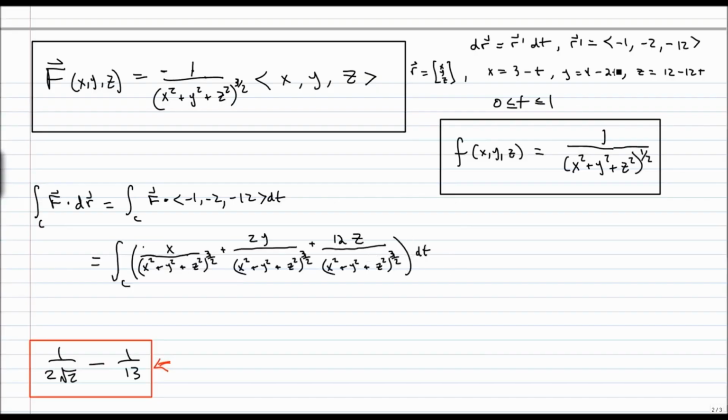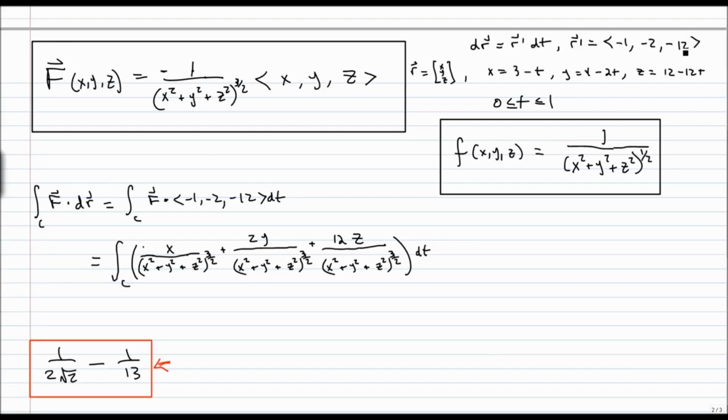Okay, so when I perform that dot product, I take the x component of this guy here, so it's negative x over this, and then I dot it with the x component here, so that's -1. So the negative signs cancel, and for this term I just end up with x over this denominator. Similarly, the negative signs cancel for the y term: I have 2 times y over this.